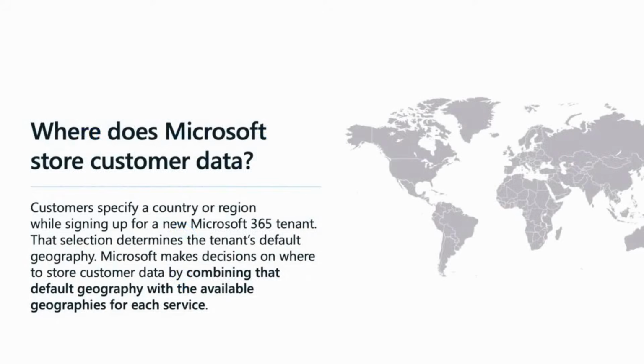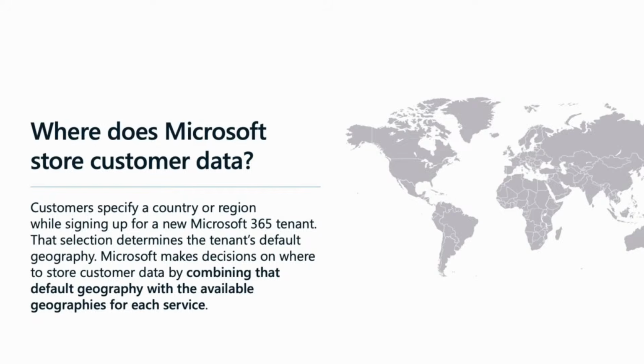In general, the storage location for tenant data for Microsoft 365 services is determined by 2 factors: the sign-up location provided for the tenant and the available geographies for the specific service. For example, say you're a customer with a sign-up location in Japan who subscribes to Exchange Online, Microsoft Teams, and Microsoft Forms.